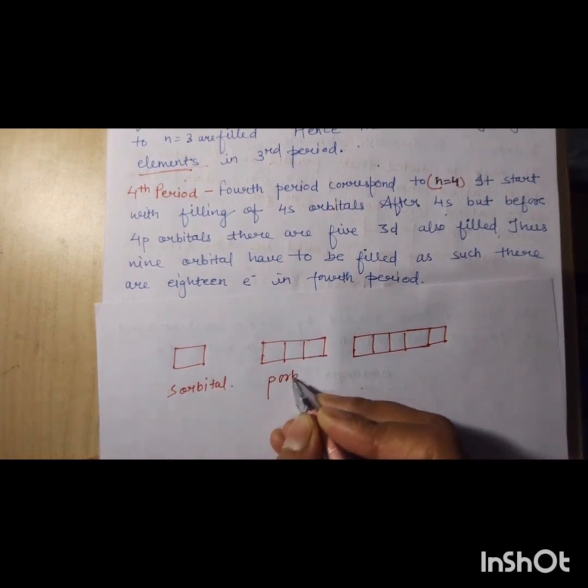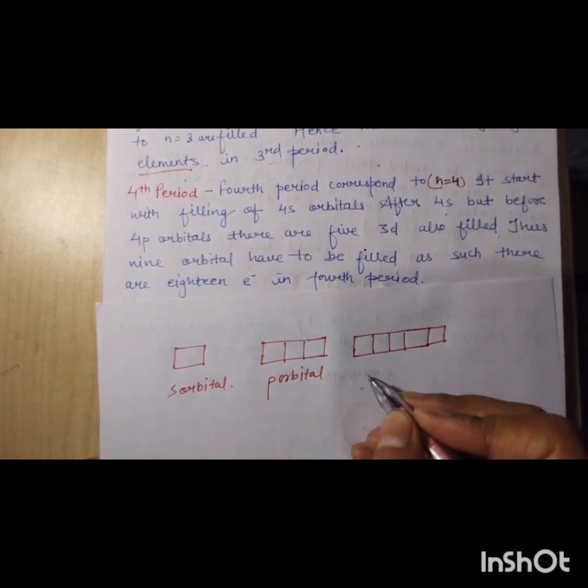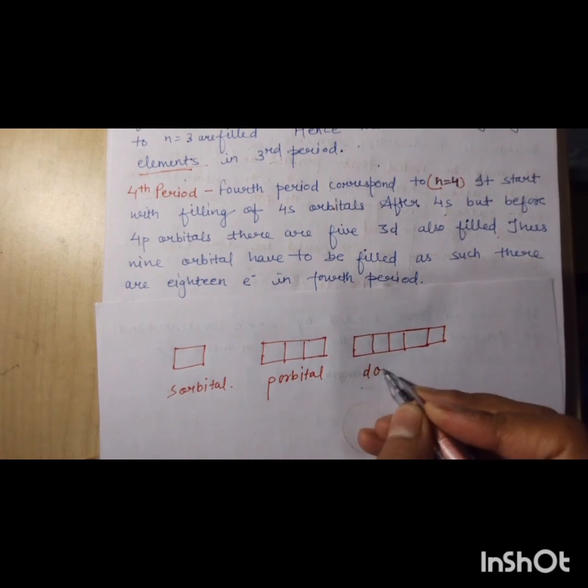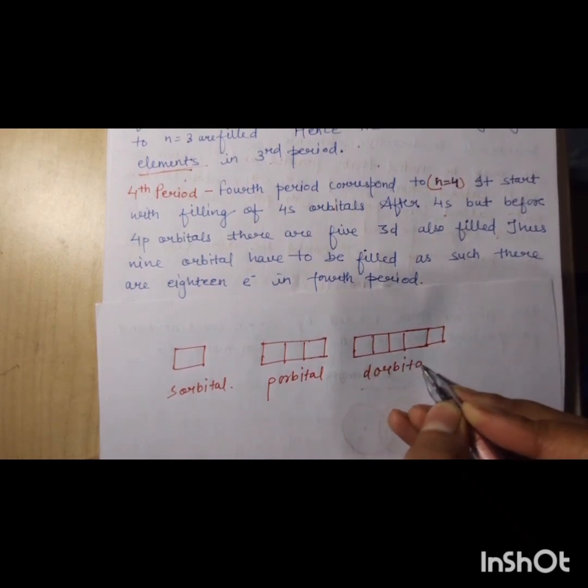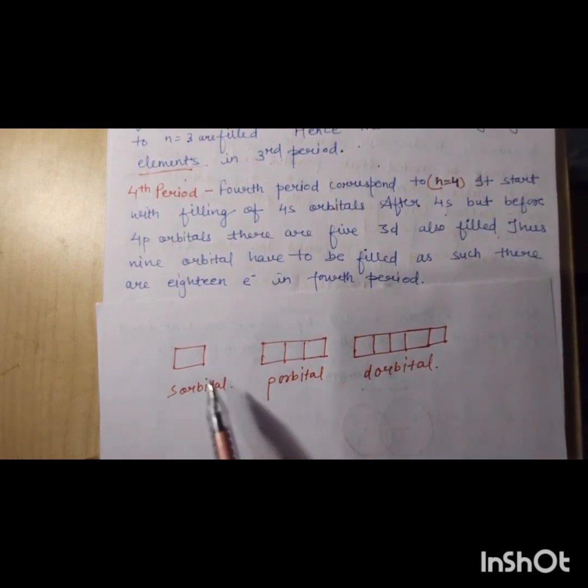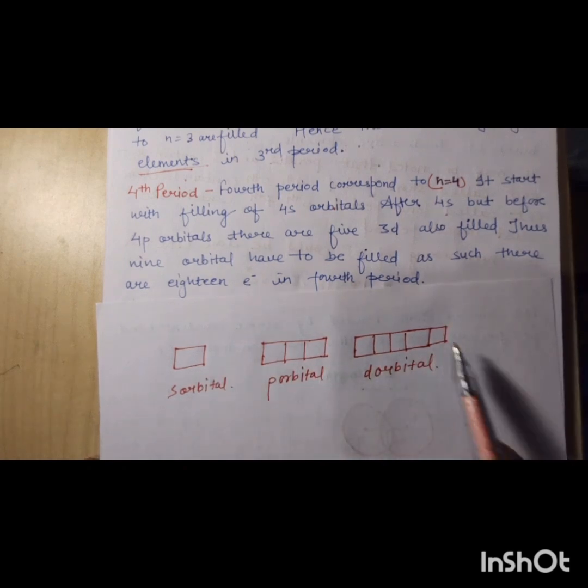So how many orbitals are there? 1, 2, 3, 4, 5, 6, 7, 8, 9. Total 9 orbitals are there.